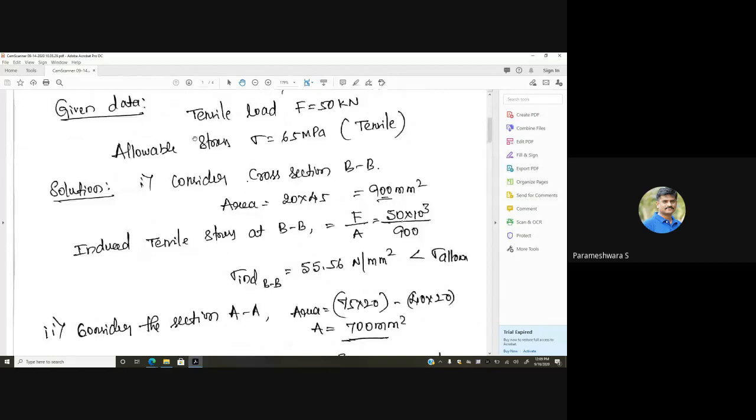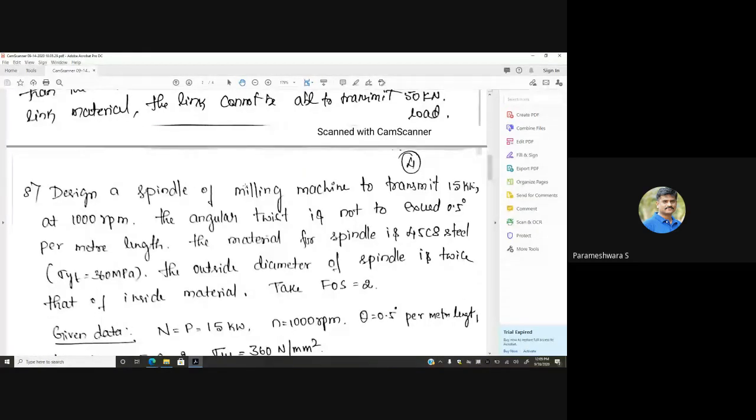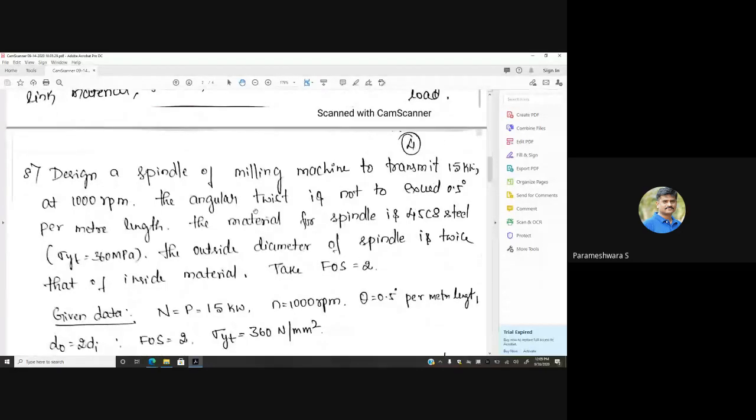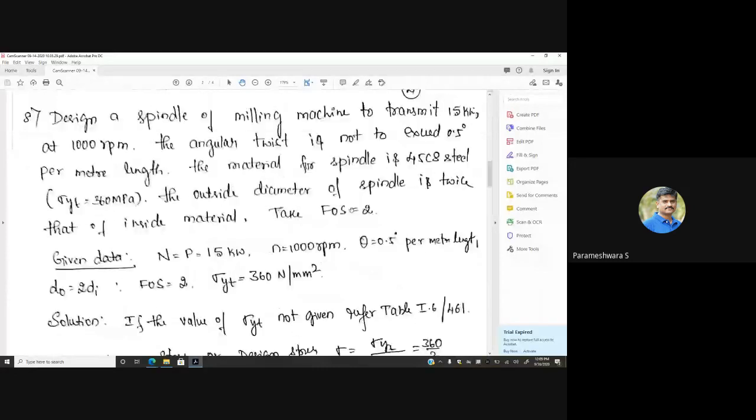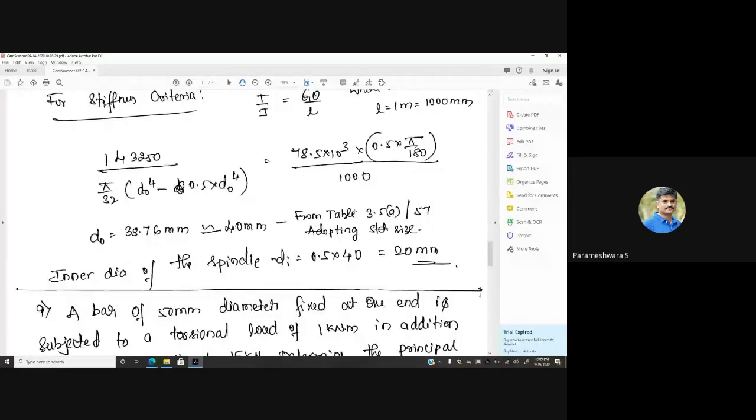I'll move on to the next problem. I have discussed this problem, I think: design of a spindle of a milling machine. If so, I'll skip this and take one more problem. This one.